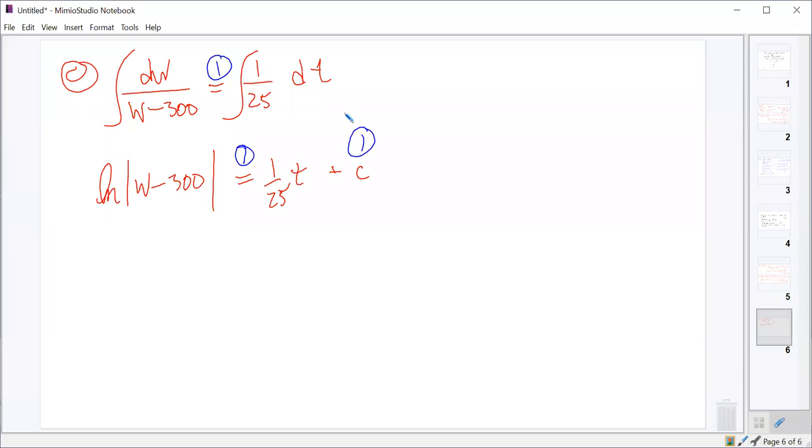And then we're going to use our initial condition that w was 1400 when t was 0. So we get natural log of 1100 as our constant.